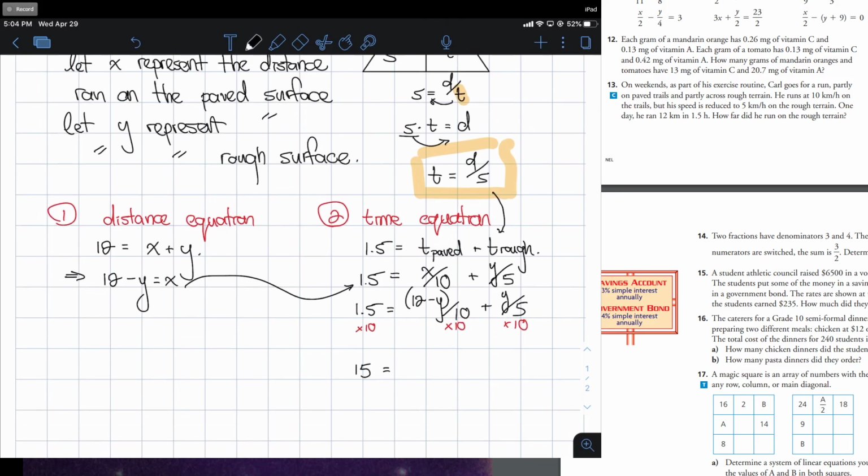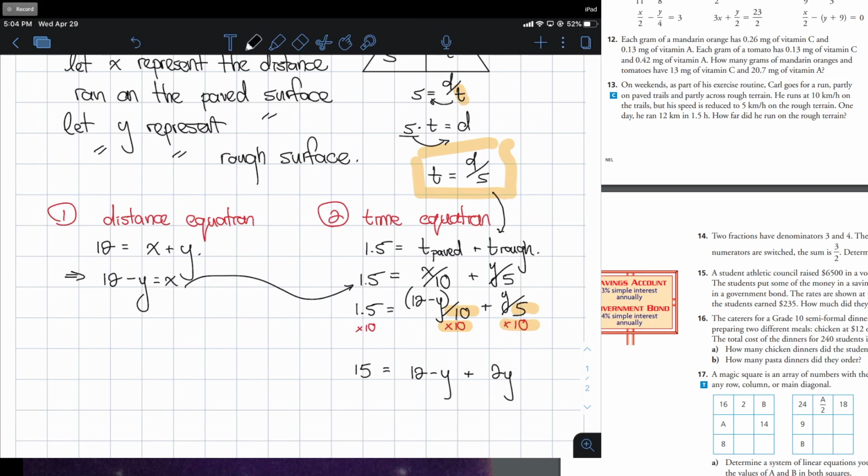And then I have 10 times (12 minus y) over 10. Well, the 10 over 10, those will just cancel each other out. So I get just 12 minus y. And then I have 10 times y over 5. And again, we'll get some simplification there. All we'll be left with is plus 2y.